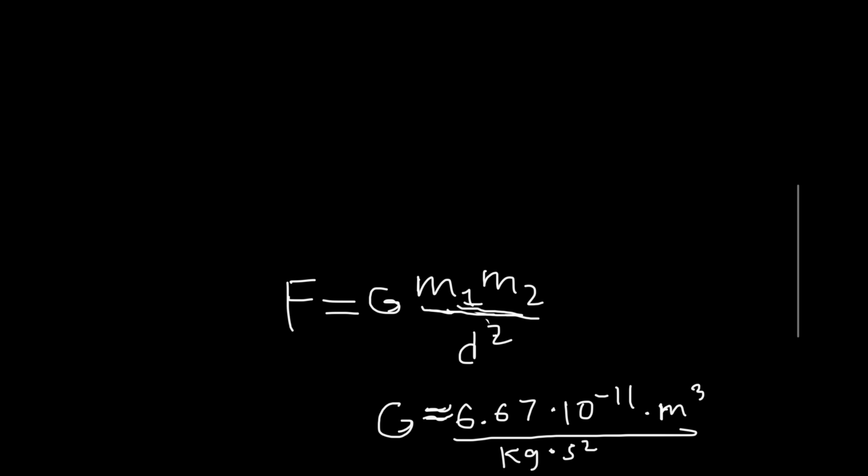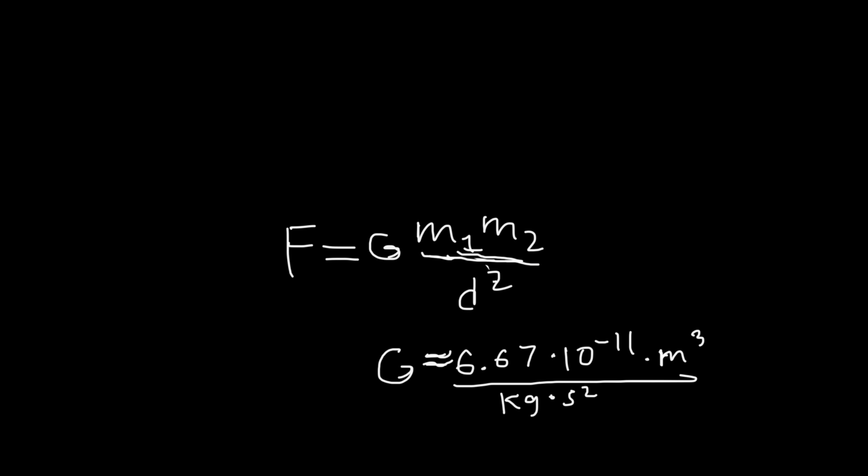The equation for the strength of the gravitational force between two masses is G, the gravitational constant, times the first mass times the second mass, divided by the distance between the two objects squared. You may be wondering what that G is for.